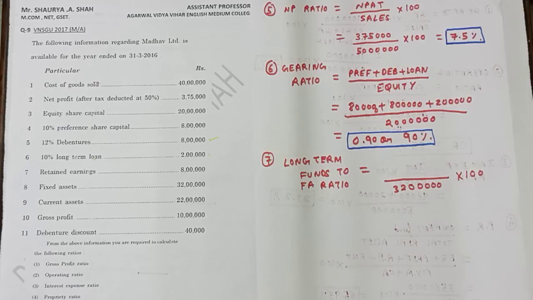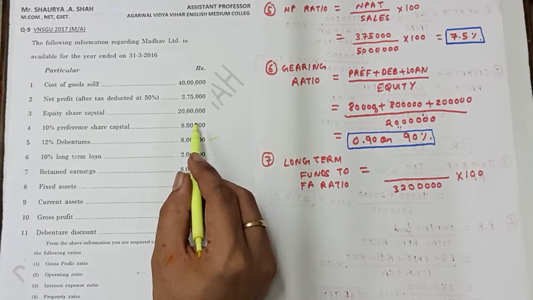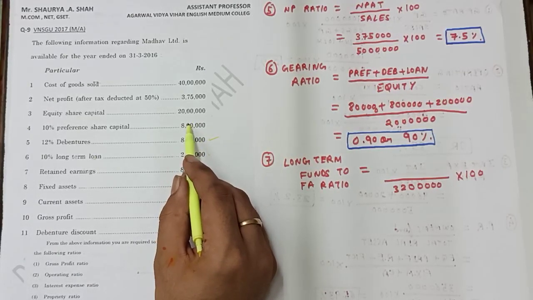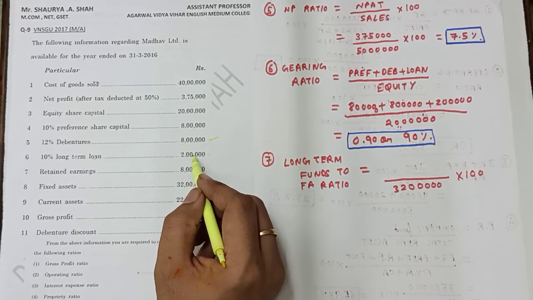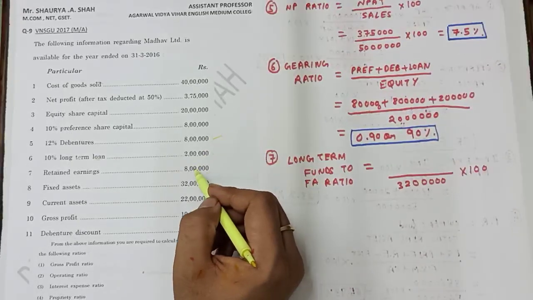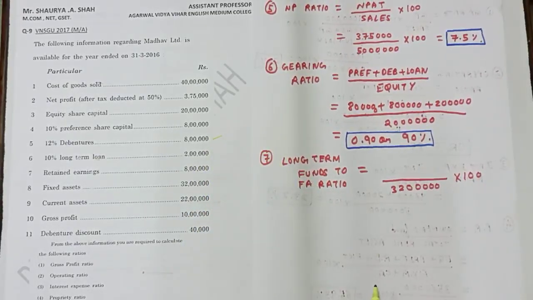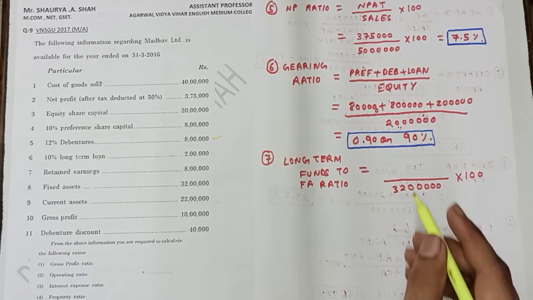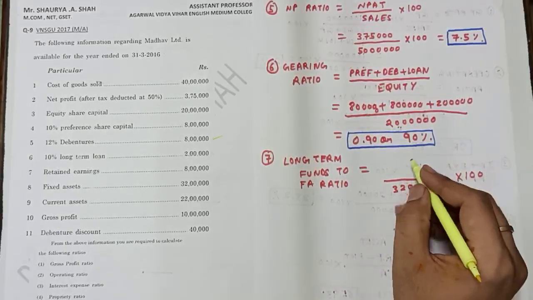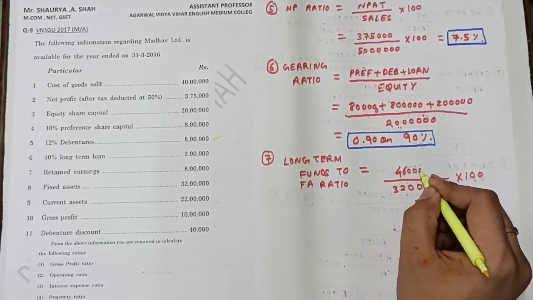So when I do the total of it, you will be getting 20 lakh plus 8 lakh, 28 lakh, plus 8 lakh, 36 lakh, plus 2 lakh, 38 lakh, plus 8 lakh, that is 46 lakhs, right? So 46 lakhs, you will write down here.